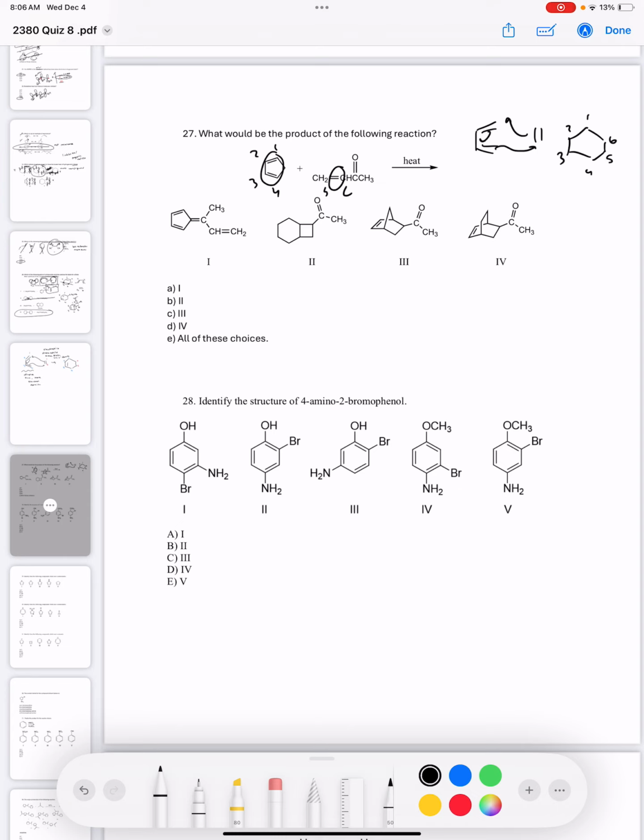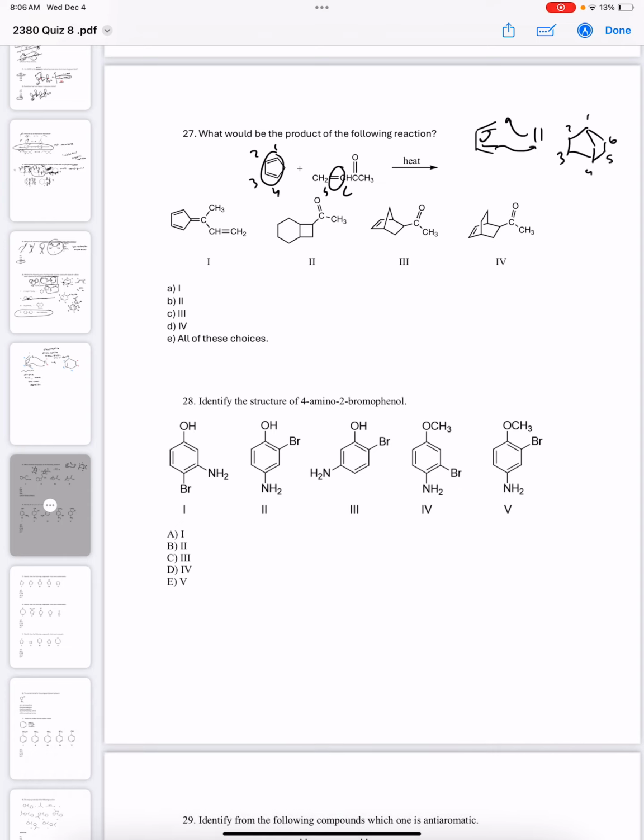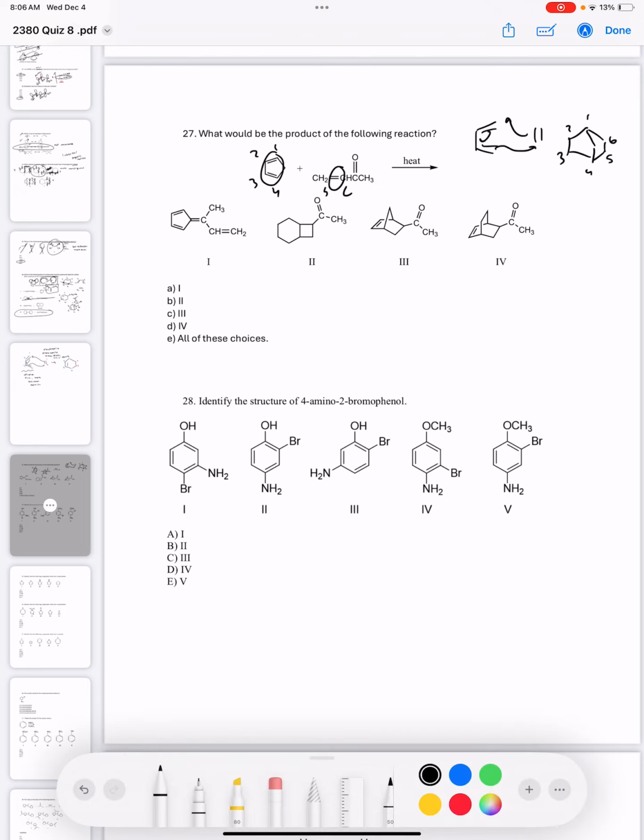There's a bridge between 1 and 4, and then on 5 and 6, we have the COCH3. So this is what I think it's going to end up looking like, and so I'm going to look for something similar to that.